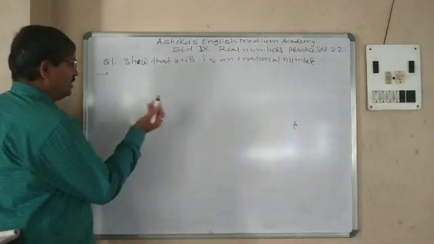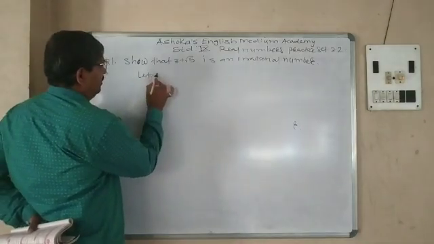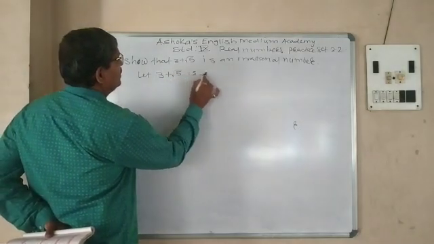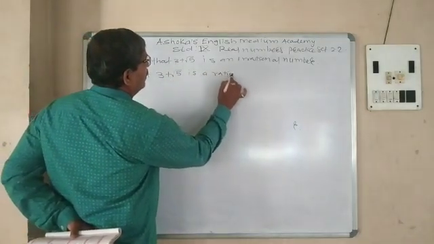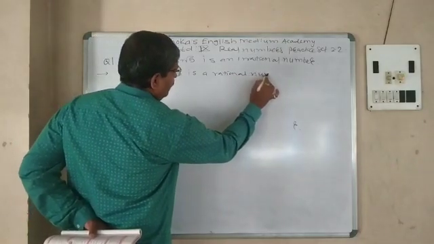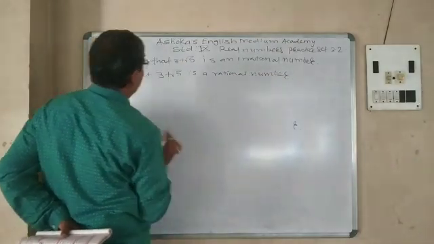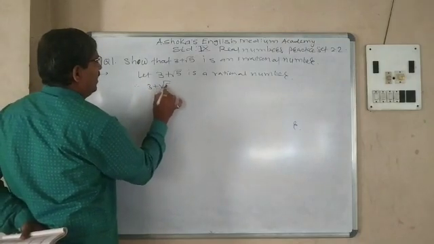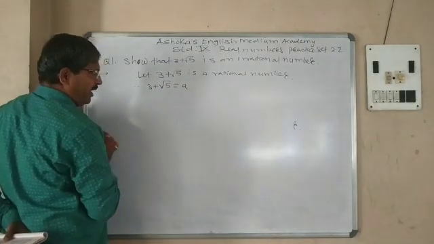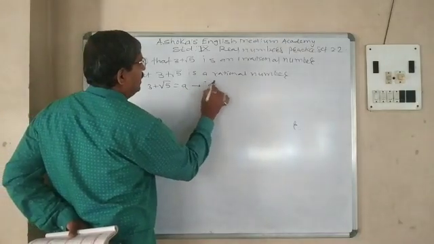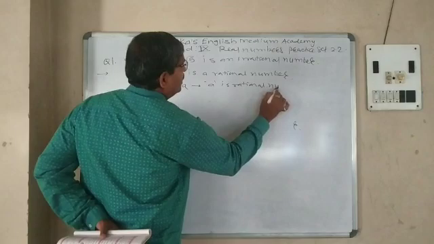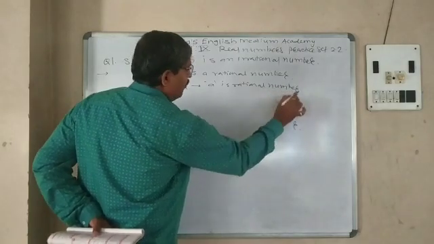How will you show? Similarly, let 3 plus under root 5 be a rational number. Therefore, 3 plus root 5 is equal to A. A is a rational number.